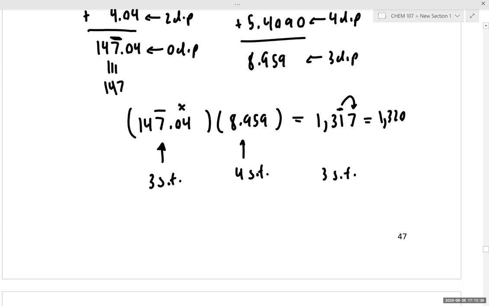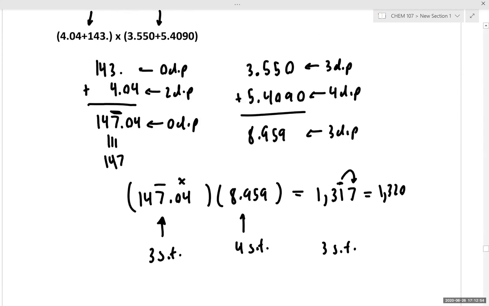Now, you may say, well, this carrying through these digits seems like a lot of extra work. Well, this minimizes rounding errors. And for later examples that you will see, rounding errors can dramatically change your final answer.